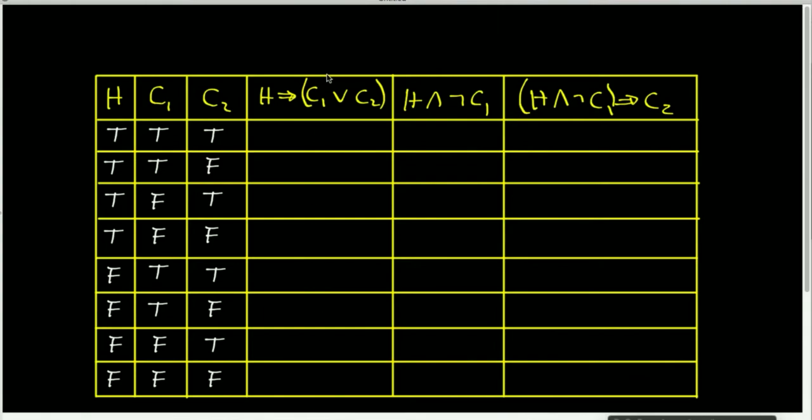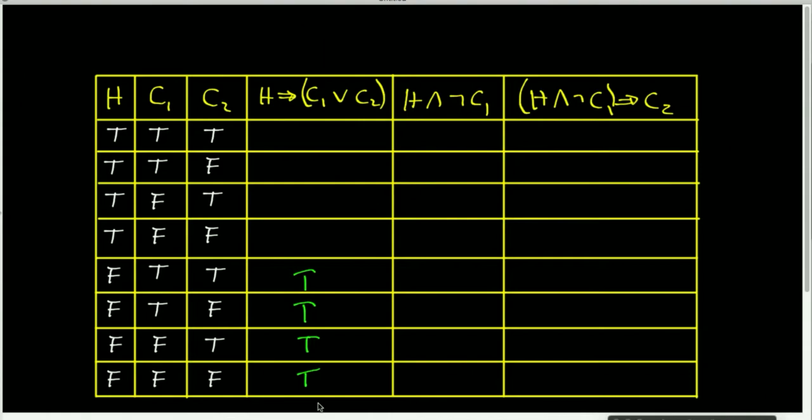I want to analyze this one column at a time, and we're going to start here. We have an implication, H implies C1 or C2. Implications are known to be true whenever the hypothesis is false, and the hypothesis is false on these last 4 rows. So I can quickly write down that these are true, true, true, and true.